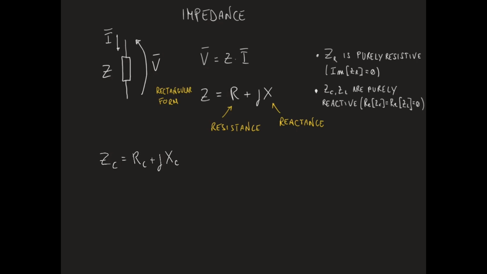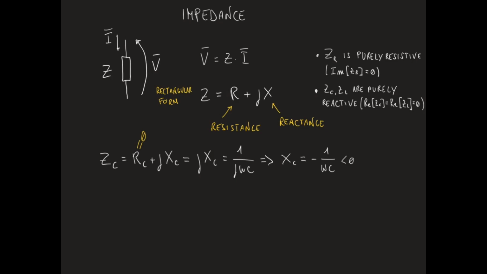We know that R_C is zero in the case of a capacitor, so this impedance is actually equal to just jX_C, which is equal, we already know, to 1 over j omega C. From this equation, we get that the reactance for the capacitor is equal to minus 1 over omega C. So in the case of a capacitor, the reactance is negative.